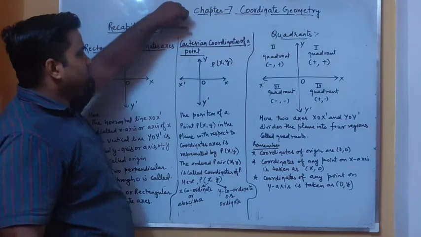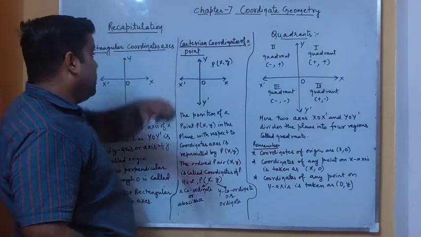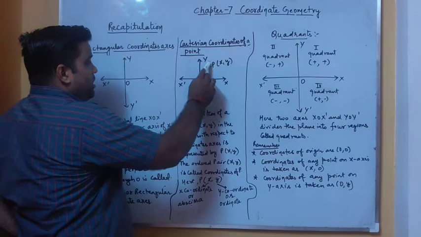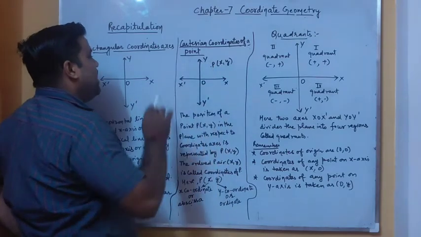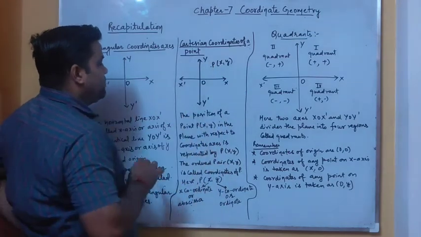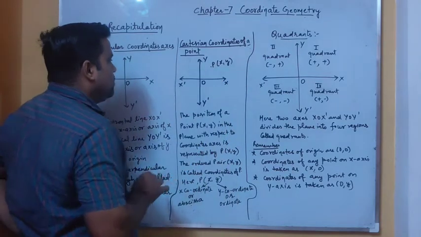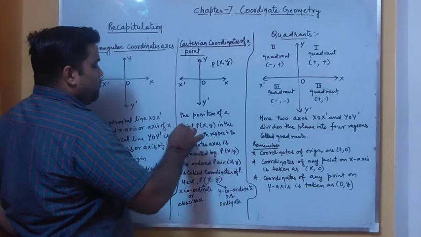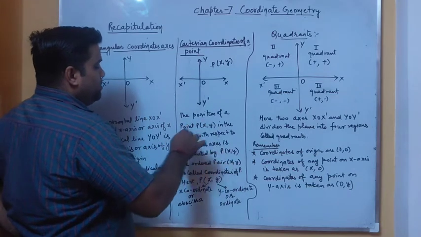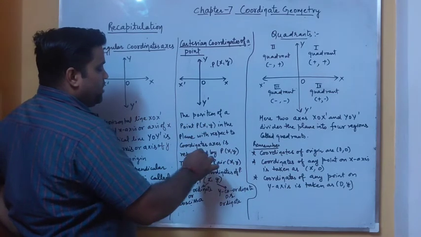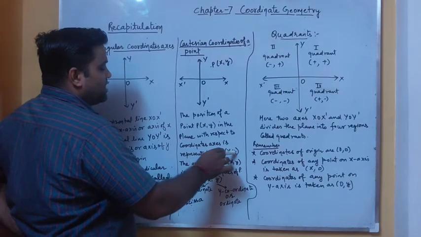Now let us come on the Cartesian coordinates of a point. If we want to locate any point in this Cartesian plane, we locate the point in this form. Here the position of a point P in the plane with respect to the coordinate axis is represented by P(x, y).